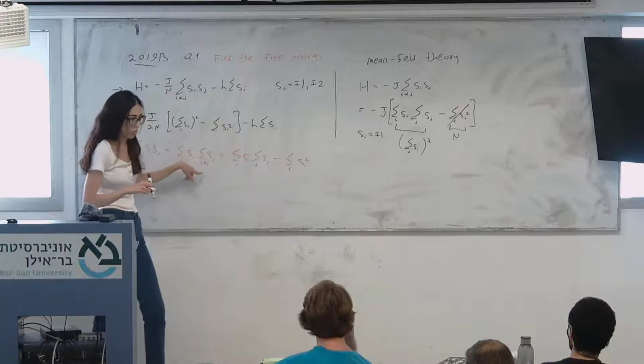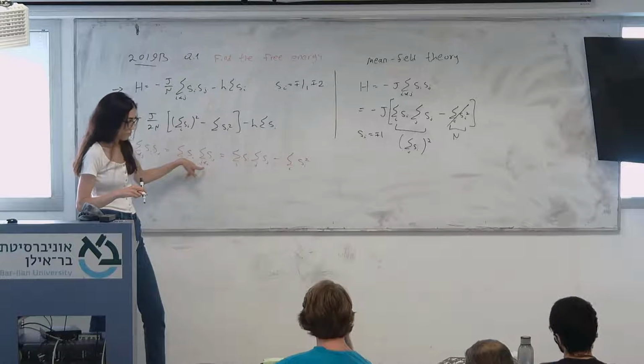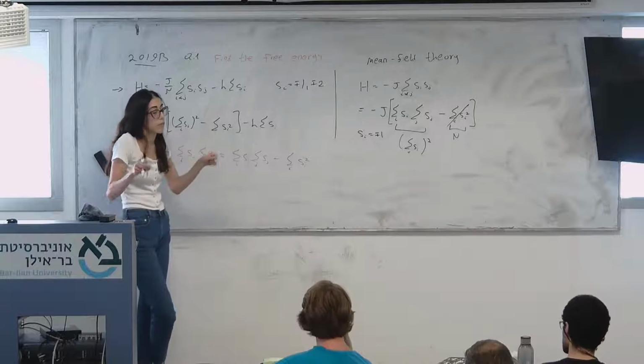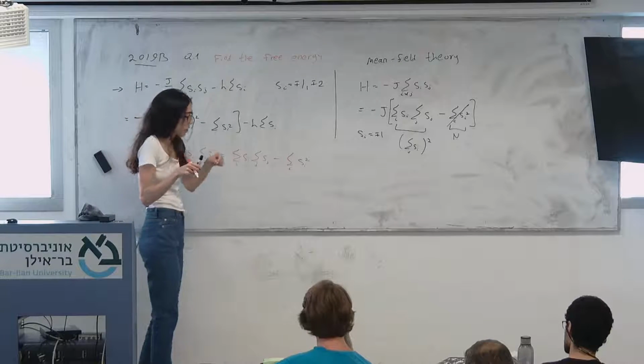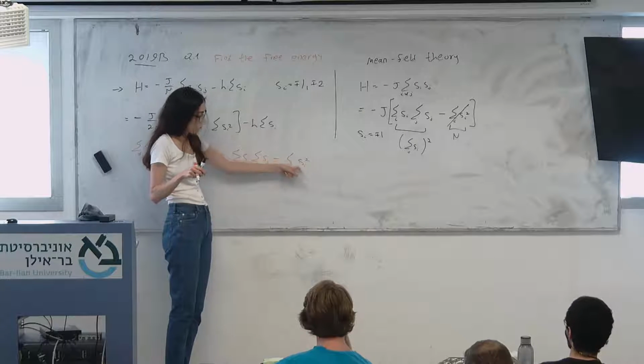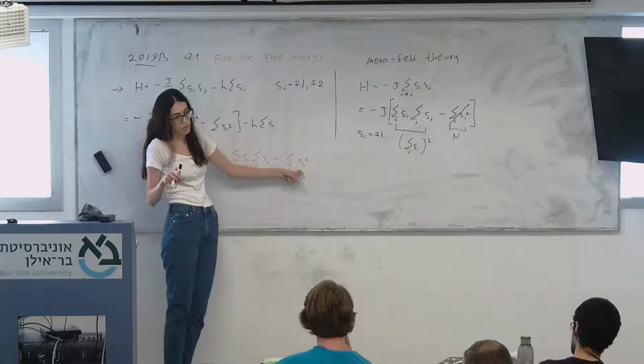So this is equal to that. Why? Because here I sum over all i and j, except the ones that are equal to each other. And here I sum over all i and j, minus the case where i equals j.